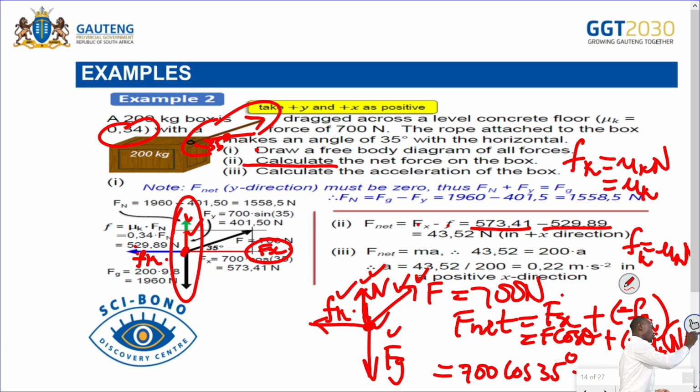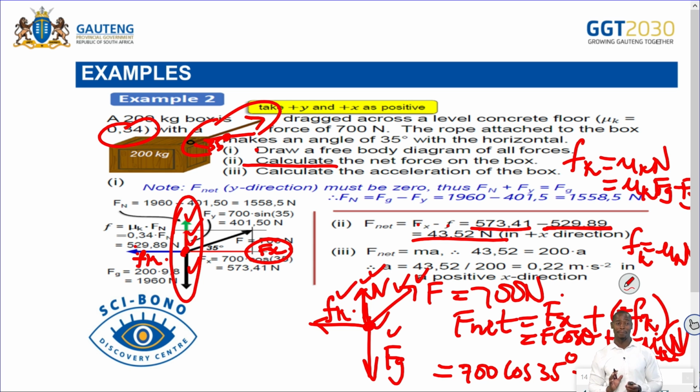There are 3. It's the normal force, Fy, and Fg. So my normal force here will be Fg minus Fy. So they've done that here. Then mu k times Fg minus Fy is 529.89. Then my F net will be 43.52.